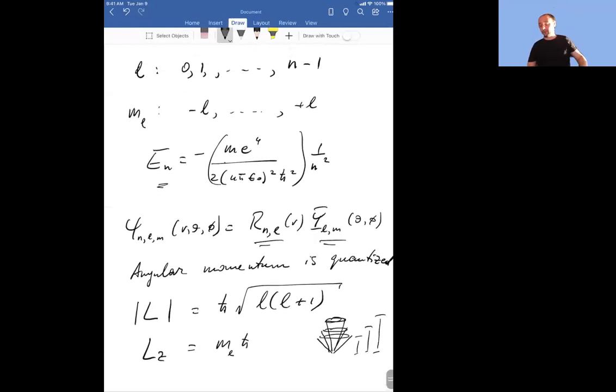I told you that these wave functions are quite complicated. And so I think it would be best if I just show you pictures of particle probability density, psi star psi, for several low-lying values of N, L, and M.